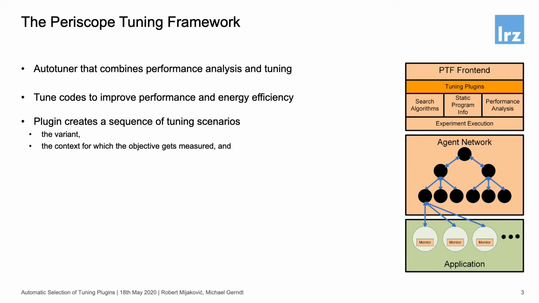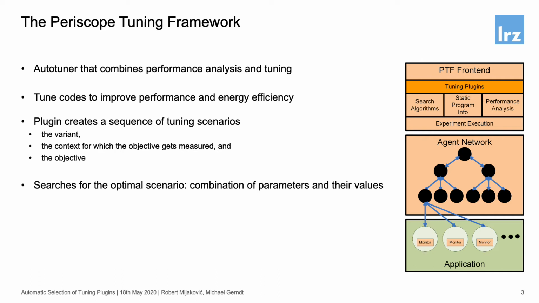The third parameter of scenarios is tuning objective. For instance, performance or energy, which are two very important tuning aspects for HPC centers and for scientists themselves. The job of PTF is to find the optimal scenario or the optimal combination of tuning parameters and their values.